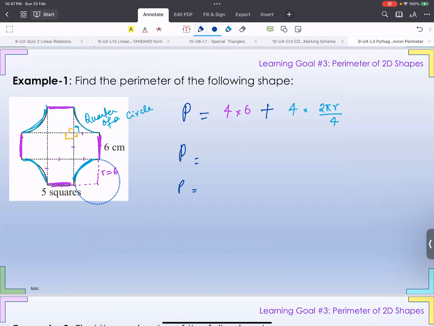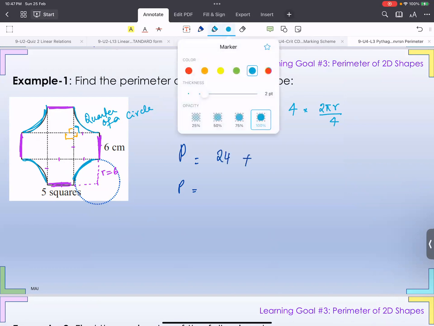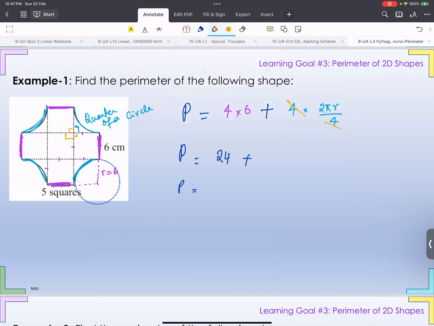So that is 24 plus, clearly this will cancel. And you'll be left with 2 multiplied by pi multiplied by 6, because that's the radius, right? So 24 plus 12 pi, put that into your calculator. You're going to end up with 61.69911 something.